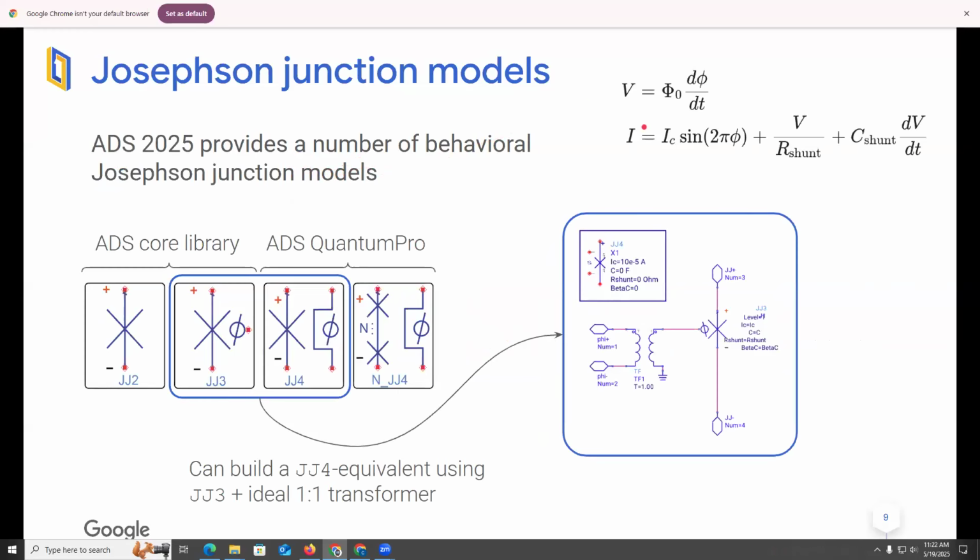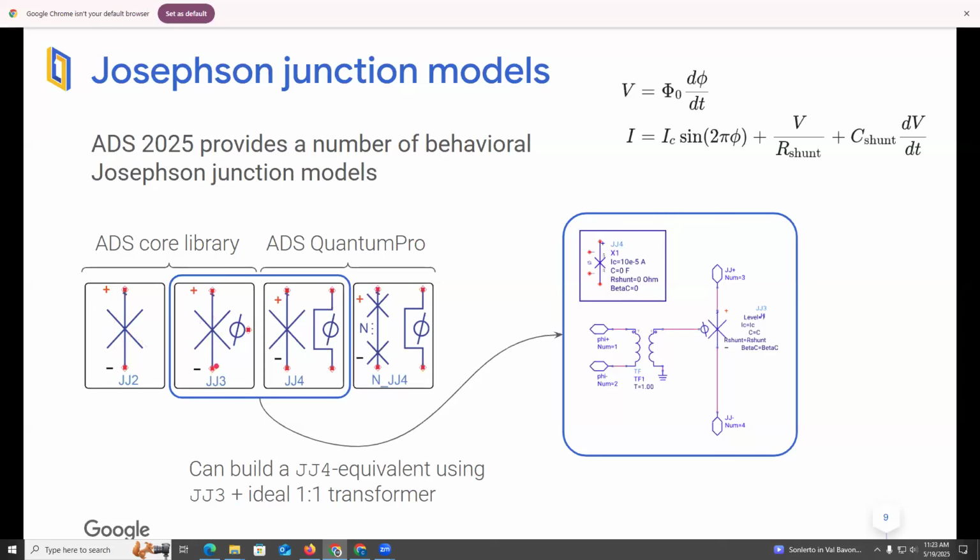If you're using ADS, ADS 2025 actually provides a number of behavioral models that implement those equations directly. I think they're written in Verilog-A or something like that. They make a few devices available to you. You have just the two-terminal junction, where basically the phase is internal to it.